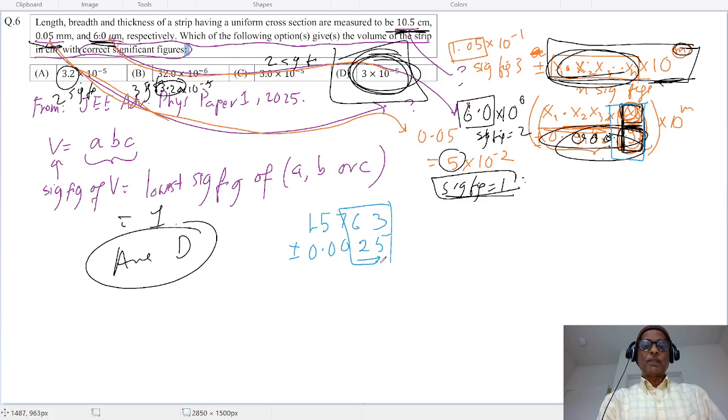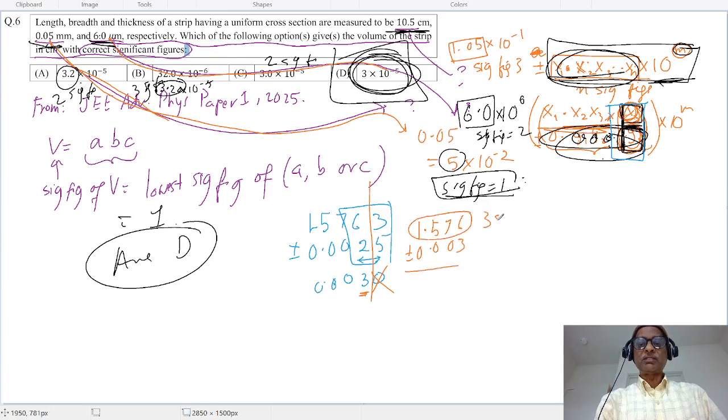So this will be rounded up to 0.003. Then if you're already uncertain there, what are you doing with the rest? So you round everything. So it's going to be 1.576 plus minus 0.003. So this will be 1, 2, 3, 4 sig figs. Not 5 sig figs.